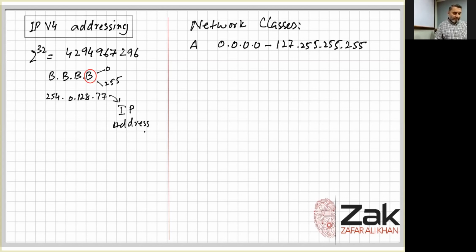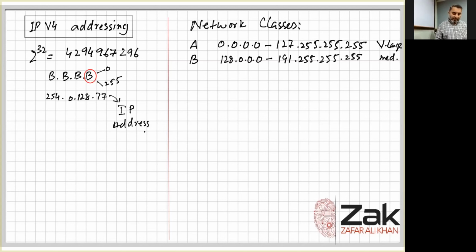This type of network is very large. And then we have class B that has 128.0.0.0 to 191.255.255.255, and it is medium size.